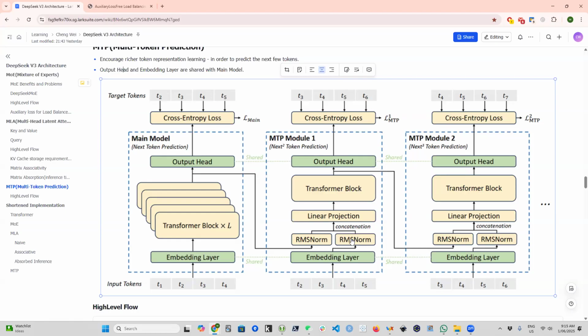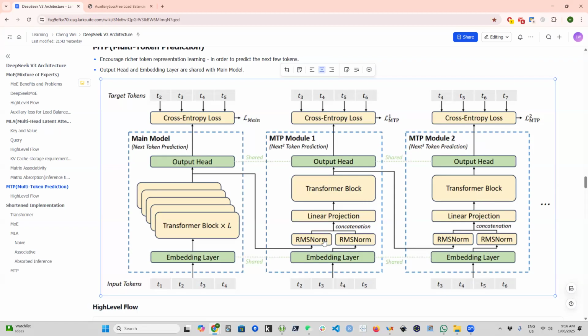Then we concatenate and project, and it comes here, which is similar to here. Then it comes out and goes into the next multi-token prediction module, right?